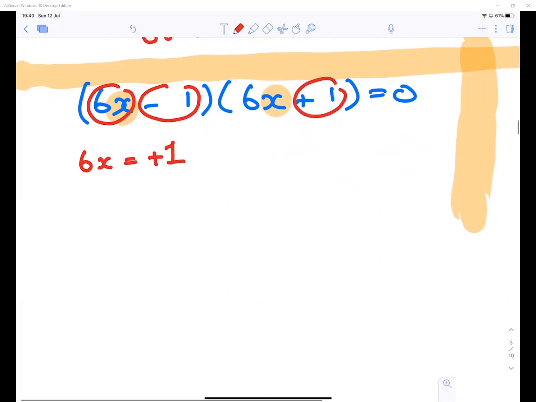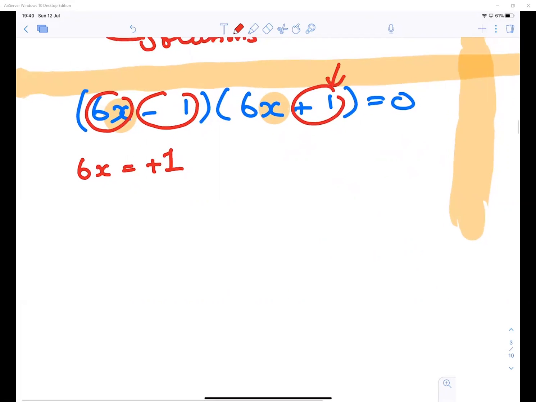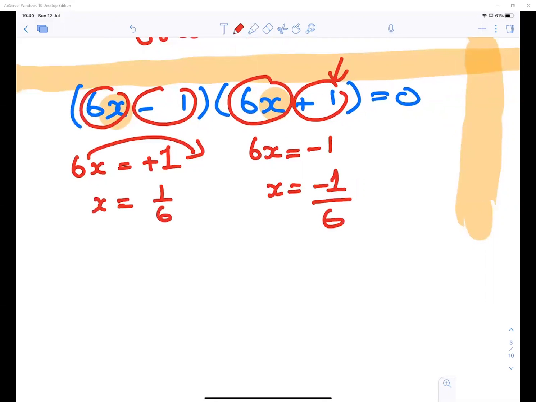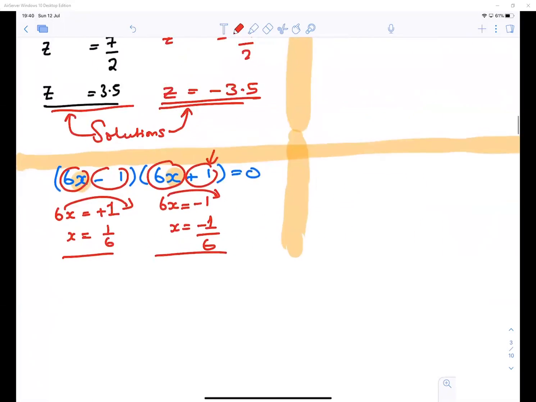If this bit here is plus 1, that'll be minus 1. Then this bit here has to be minus 1. That's like a quicker way of looking at it. So you just have one step to do now. So x is equal to 1/6, and x is equal to minus 1/6. Done. Well, we can solve them as well.